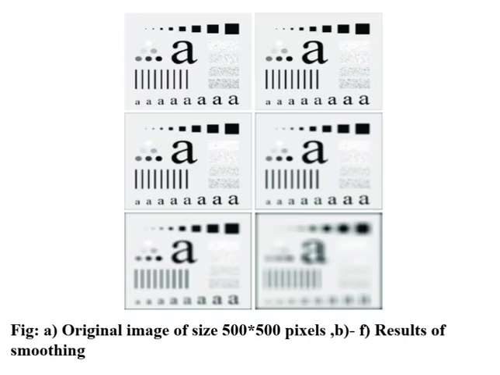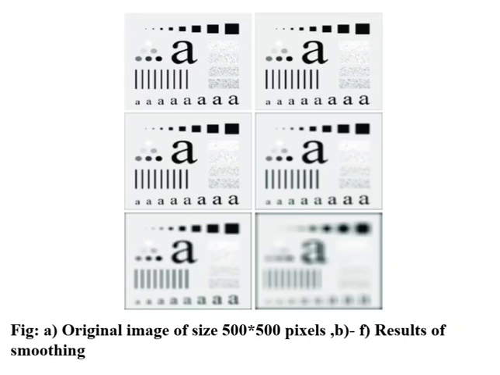Order statistic filters are nonlinear spatial filters whose response is based on ordering, that is ranking, the pixels contained in the image area encompassed by the filter, and then replacing the value of the center pixel with the value determined by the ranking result.